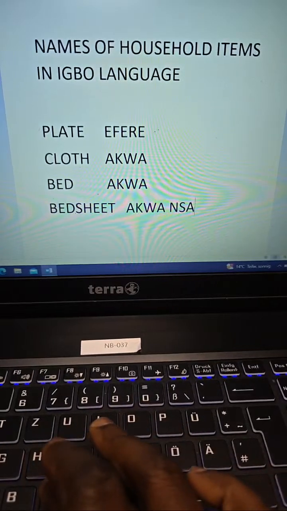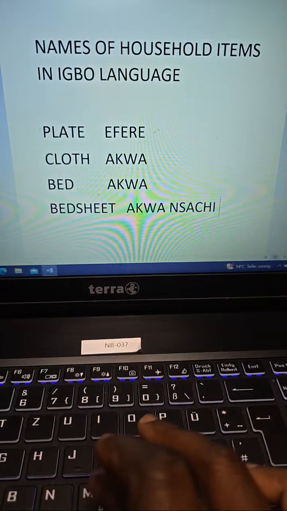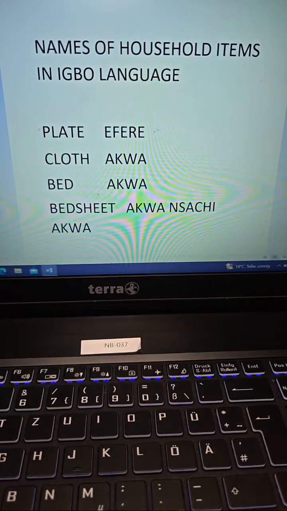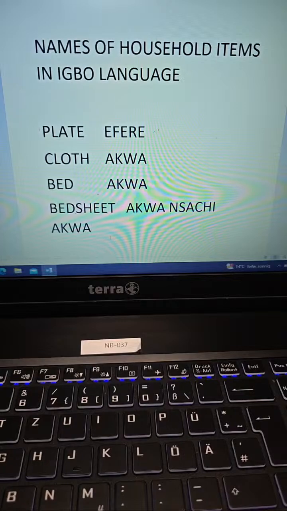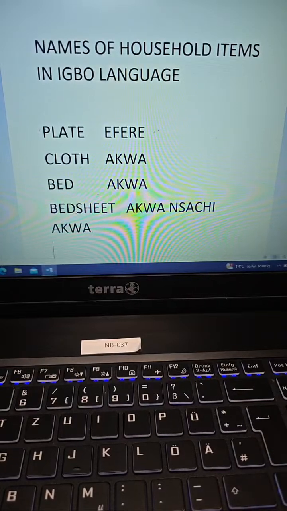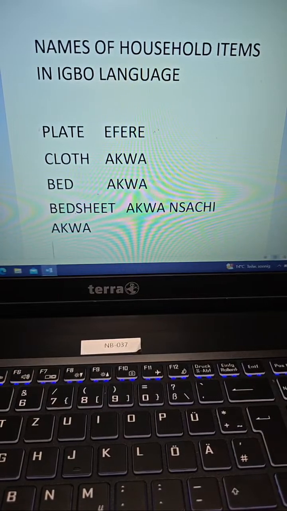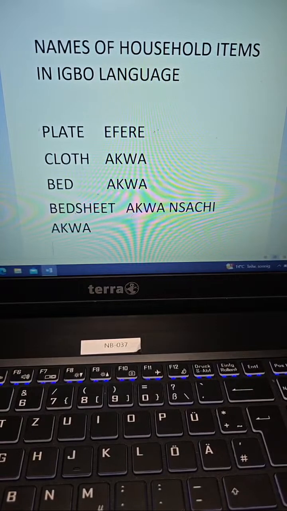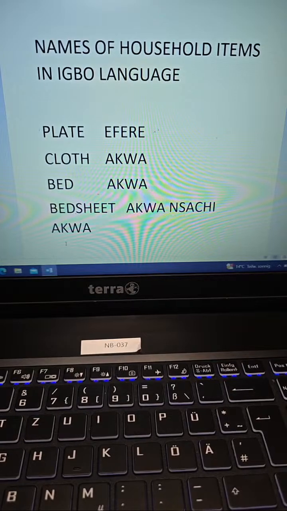You see? Aqua nsashi aqua. That is bed sheets.